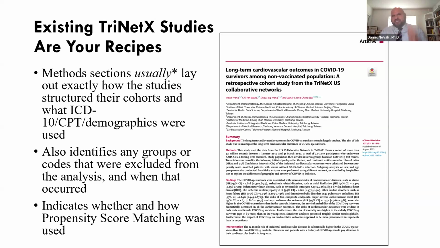And existing TriNetX studies are really great recipes for a couple of reasons. First, they tell you what's already been done and what their methodology was. Their methods section ideally lays out exactly how the studies were structured, just like an Instant Pot recipe.